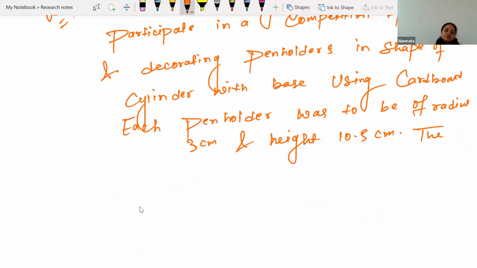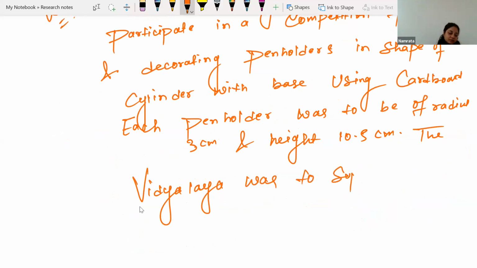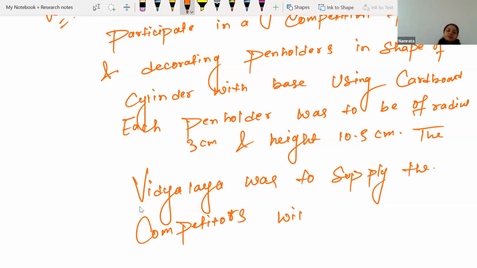The Vidyalaya was to supply the competitor with cardboard.